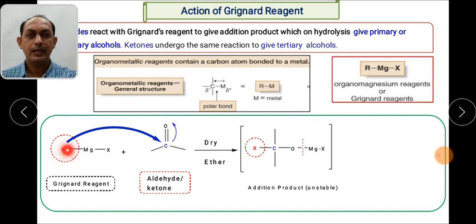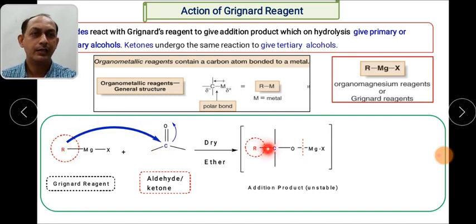So this carbon will attack the carbonyl carbon as it is electron deficient, and as a result the pi bond between carbon and oxygen breaks, and you get the formation of this addition product where oxygen is attached to MgX from the Grignard reagent, and a bond forms between the alkyl carbon from the Grignard reagent and the carbonyl carbon.